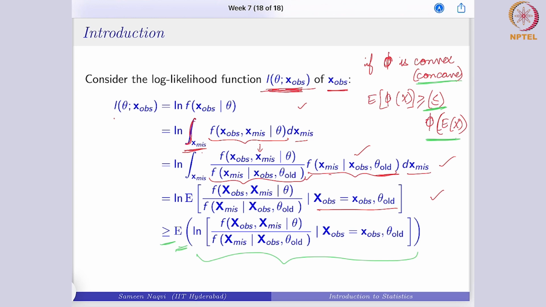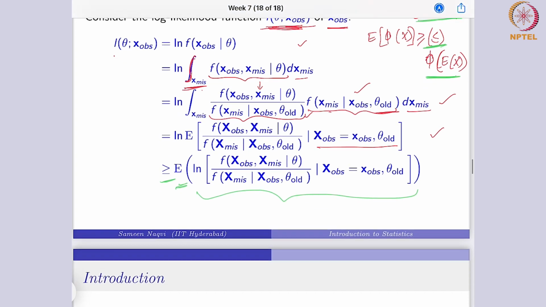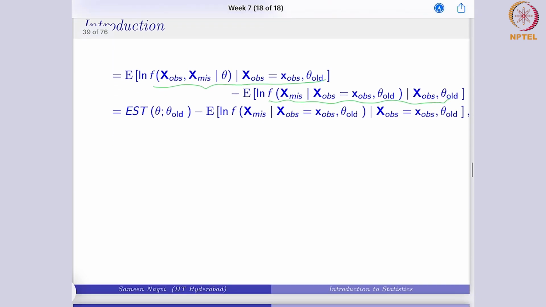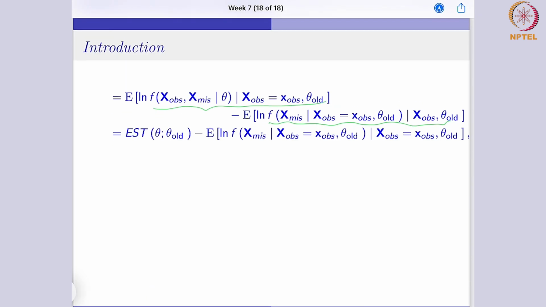So now what you can see over here is that since it's a log, it can be written as log of this numerator. Here you have the numerator and here you have the denominator term. So this numerator, this first term, is referred to as the expectation term, of theta and theta old.